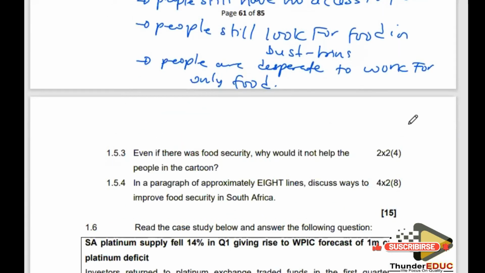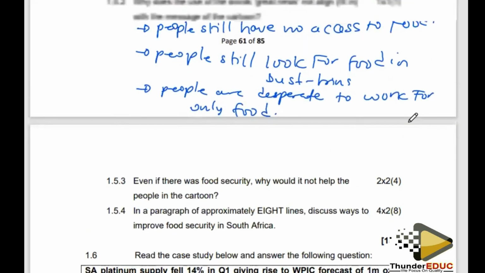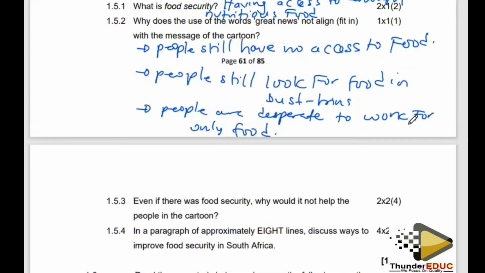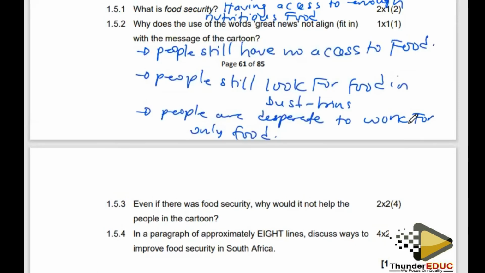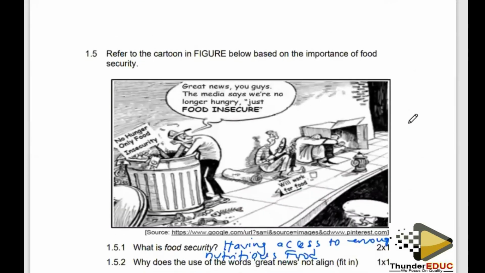1.5.3, they said, even if there was food security, why would it not help the people in the cartoon?